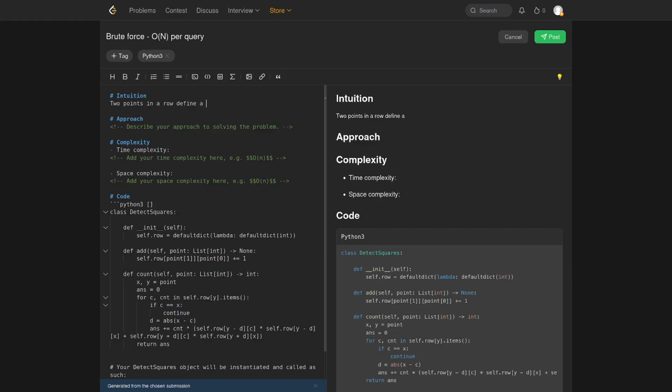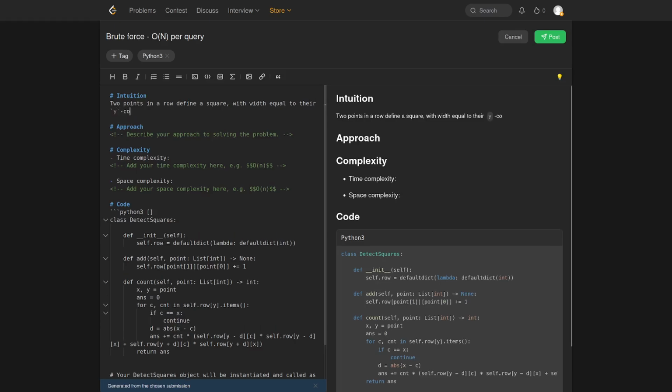Define a square given by the square with width equal to their y coordinate difference. Approach.